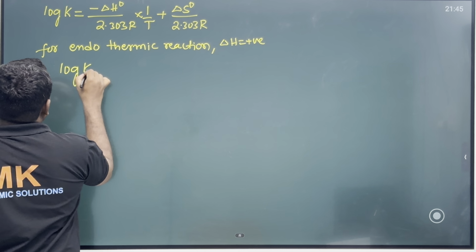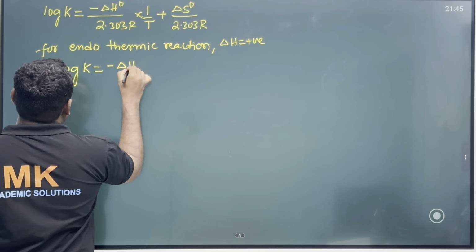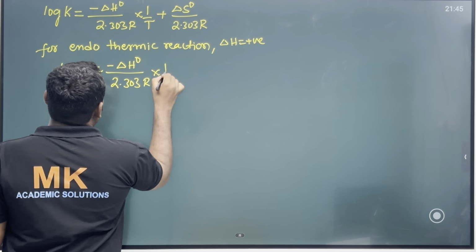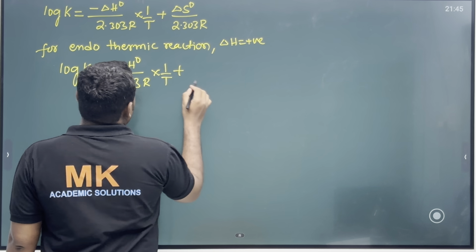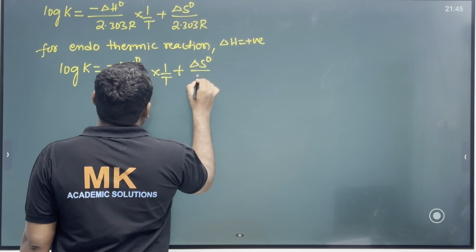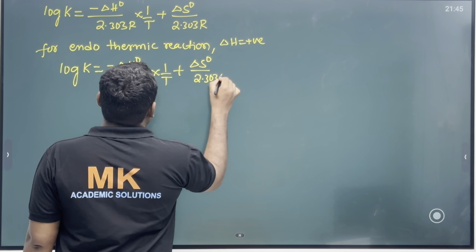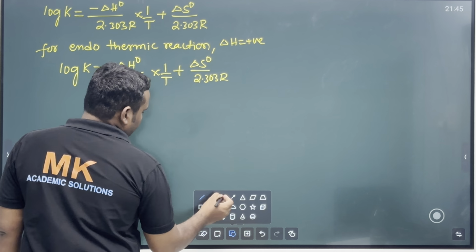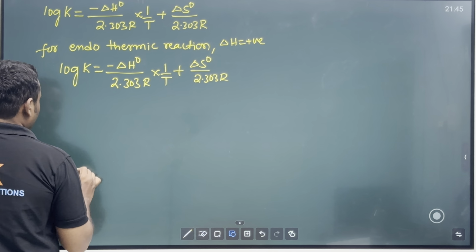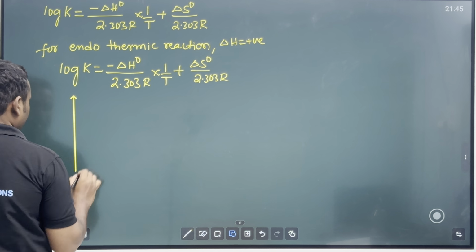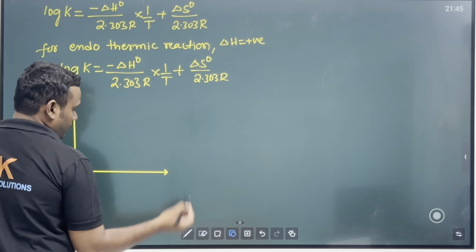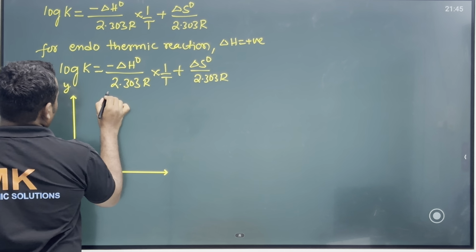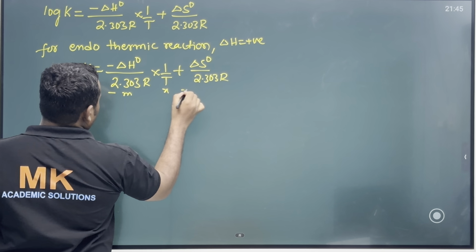Therefore log K is equal to minus delta H naught by 2.303 R into 1 by T plus delta S naught by 2.303 R. When you plot the graph, it is y is equal to minus mx plus c.